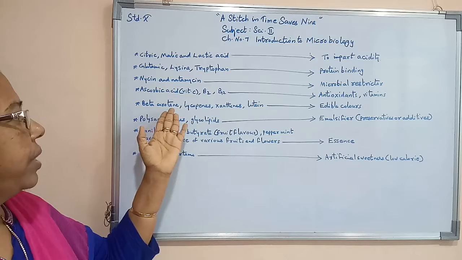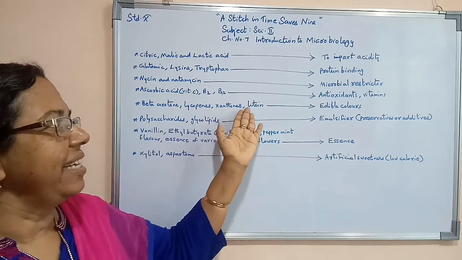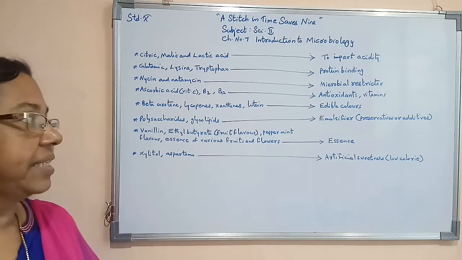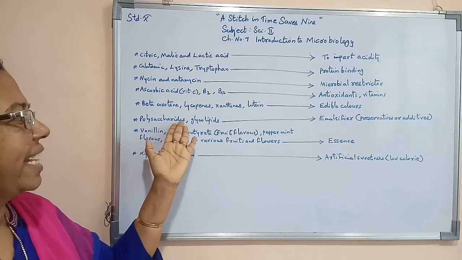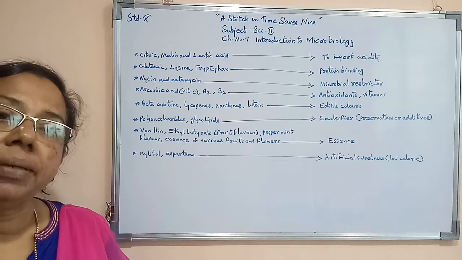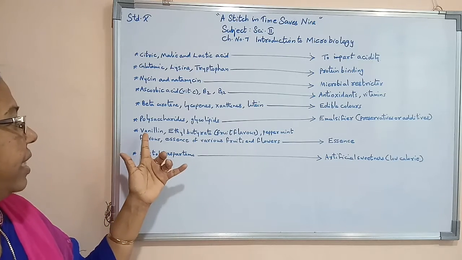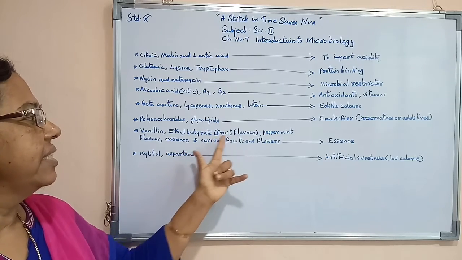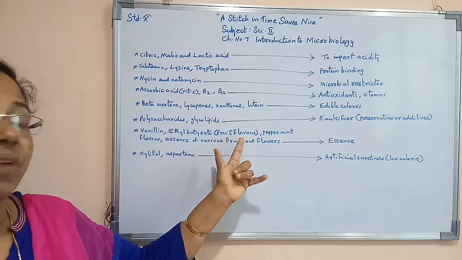Then beta carotene, lycopene, xanthine as well as lutein are produced by microorganisms. Then polysaccharides and glycolipids are produced by microorganisms. Here vanillin and ethyl butyrate, which is a type of fruit flavor.